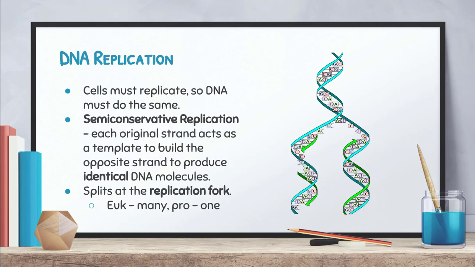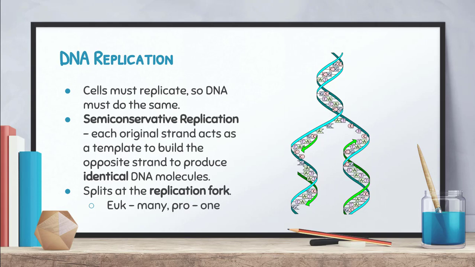So what you notice is that the DNA breaks apart. Essentially, the double helix structure, you've got two strands, those hydrogen bonds that hold the strands together break apart. And then each individual strand serves as a template to make a new one. And so what happens is that DNA replication occurs on both strands of the original DNA at the same time, eventually producing two different DNA molecules.